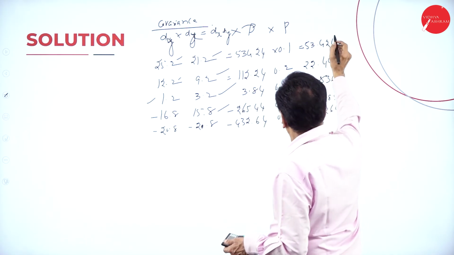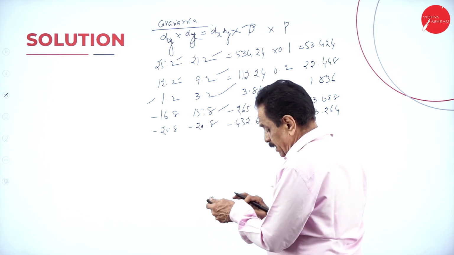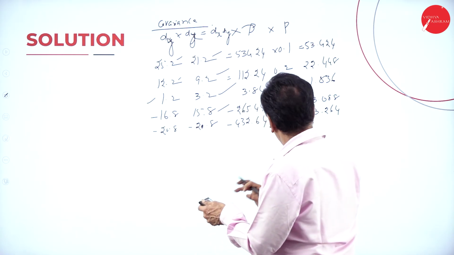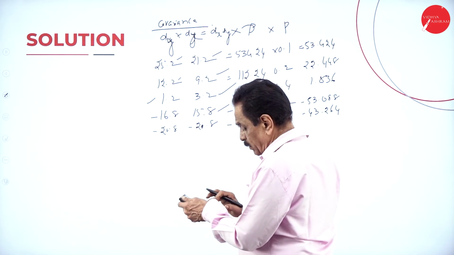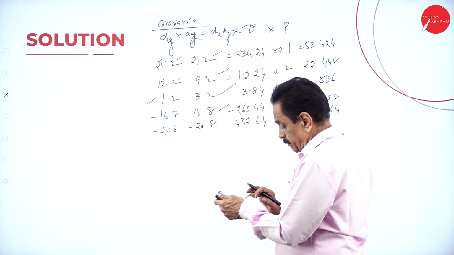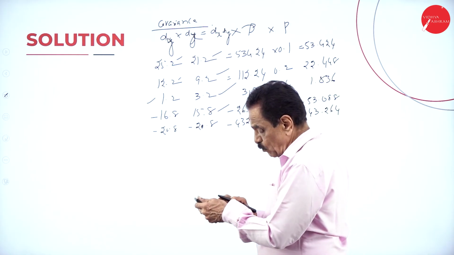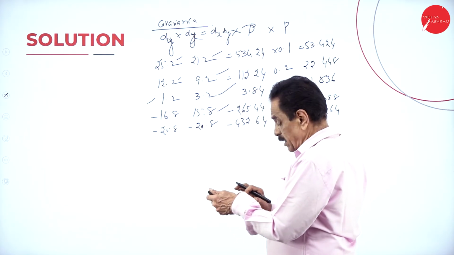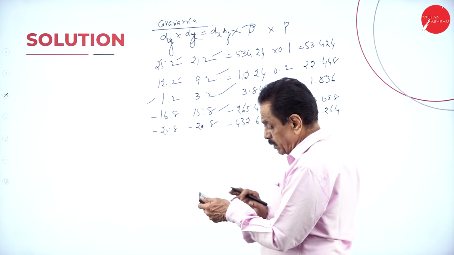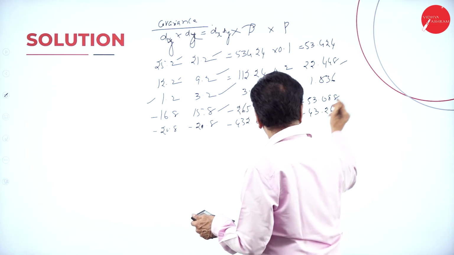Then here, 534.24 into 0.1, 53.424. 112.24 into 0.2, 22.448. This is okay.